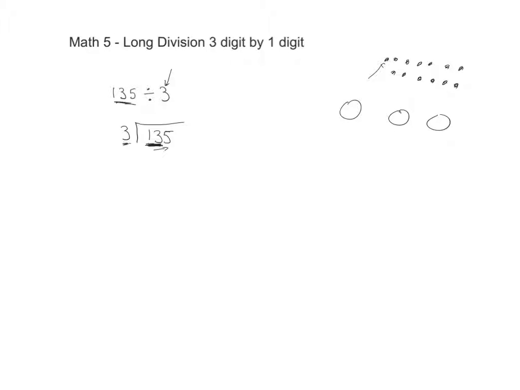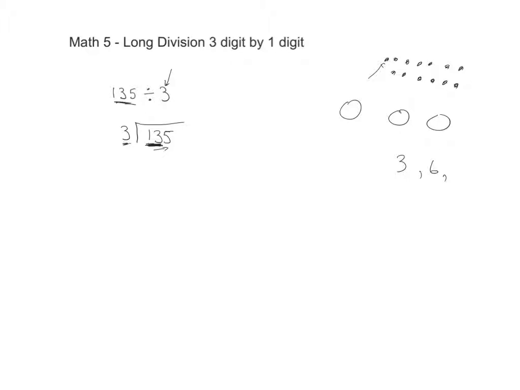Now this is what I'm hoping: I'm hoping you'd be able to do some mental math here and say, oh, I know how to break 13 up into 3 groups. I know that if I put 1 in each group, that would use 3. If I put 2 in each group, that would use 6.